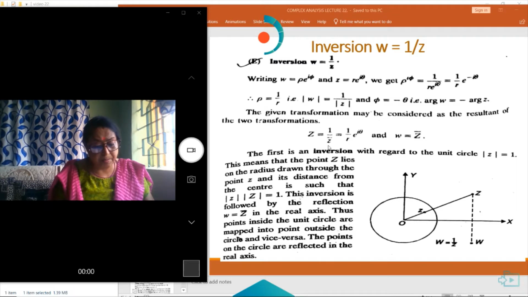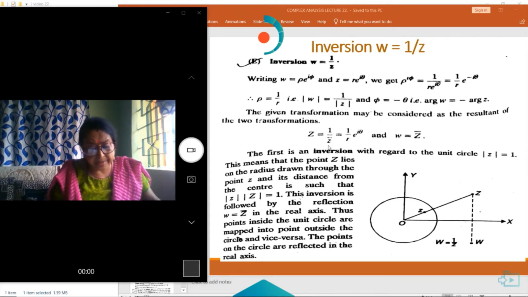This means that the point capital Z lies on the radius drawn through the point Z, and its distance from the center is such that mod Z into mod capital Z is equal to 1. This inversion is followed by the reflection W is equal to capital Z bar in the real axis.